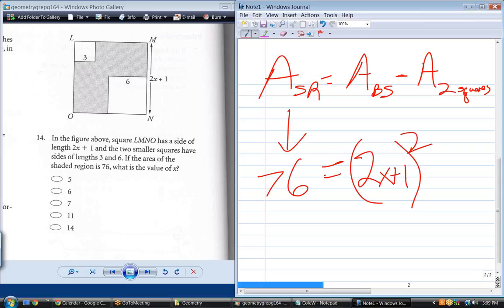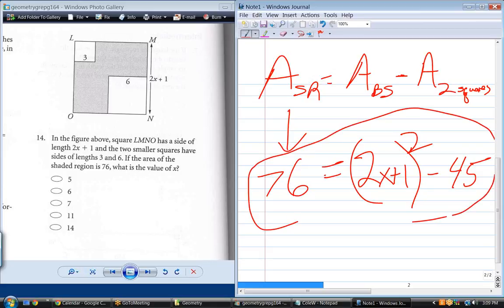That's the side of the big square. Well, what's the two areas of the two other squares? 9 and 36. 45. Well, 9 plus 36 is 45. Oh yeah. So okay, now we end up with this equation.